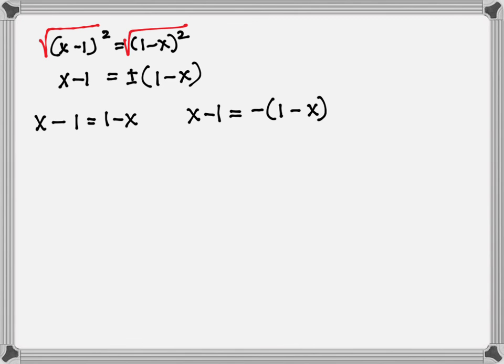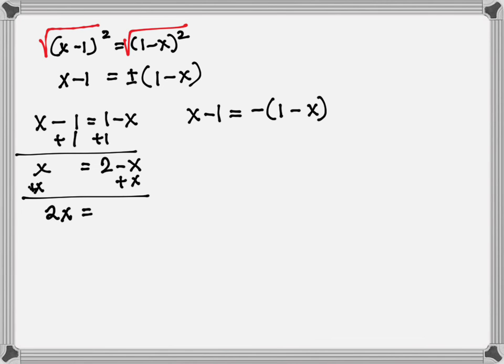Well, on the first one, if I add my 1, this gives me x, whoops, that's a 1, equals 2 minus x, and I add my x. And this gives me 2x is equal to 2, and I divide by 2.